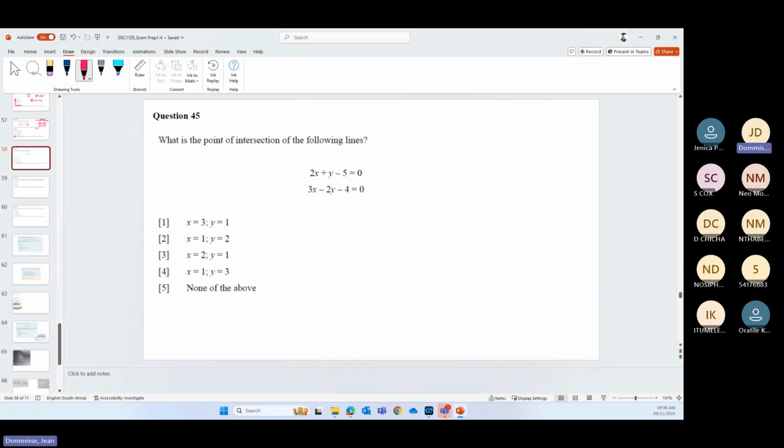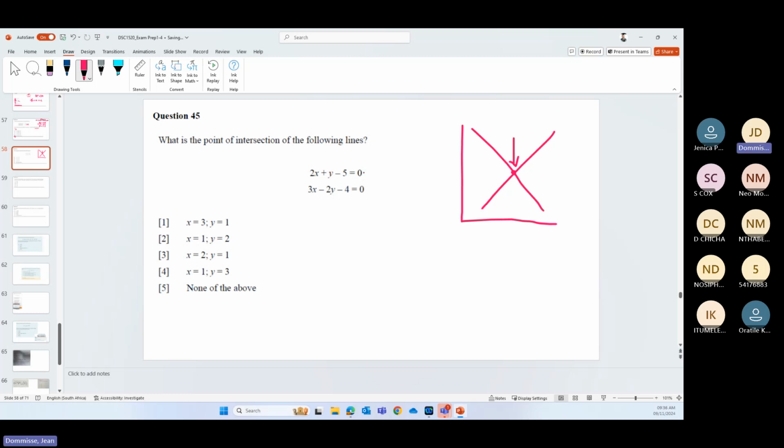Okay, and with the intersection of the two lines, what we basically need to do is to say, what is that point? So, like we did in the previous one, we will need to nearly say, okay, we need to work out the X, we will need to work out the Y.